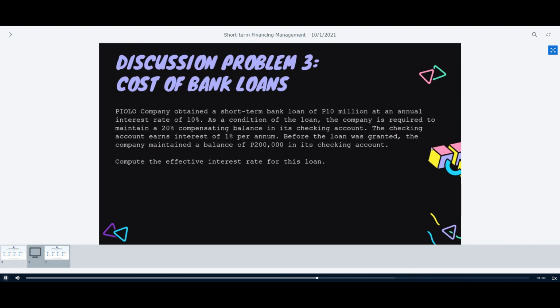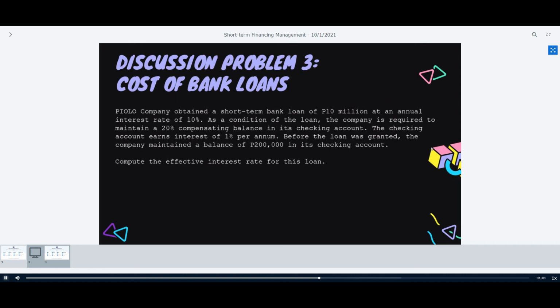Okay, so ngayon, in relation to the 10 million loan, nire-require ng bangko na mag-keep ulit si Piolo ng 20% compensating balance. And remember, this 20% compensating balance will be restricted, no? So, hindi niya ma-withdraw at ma-maintain lang dun sa bangko.